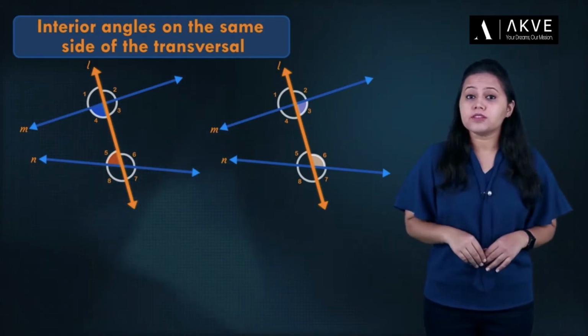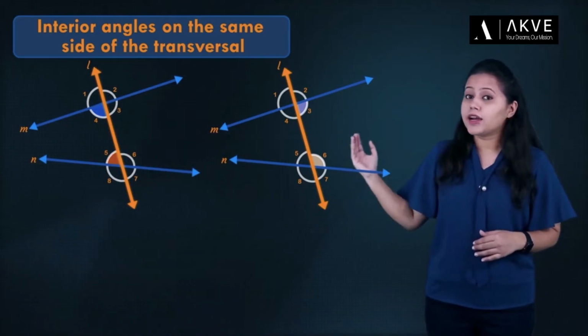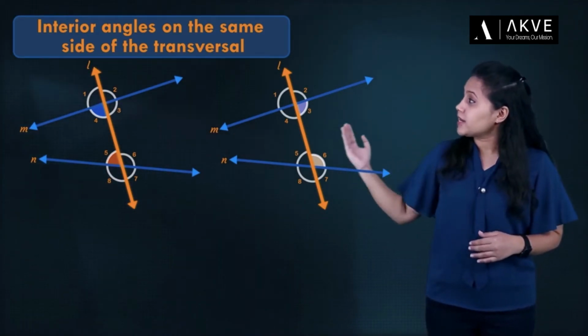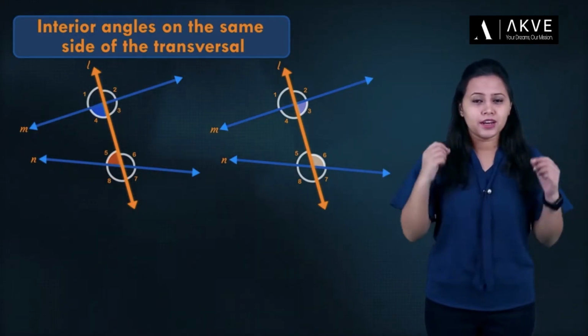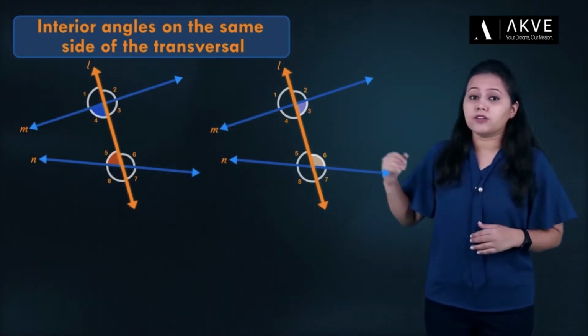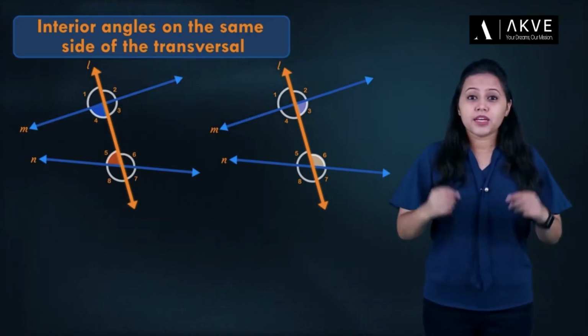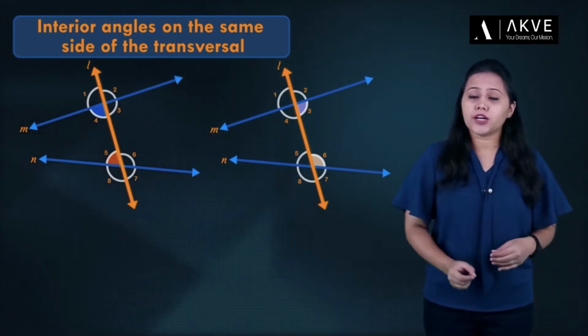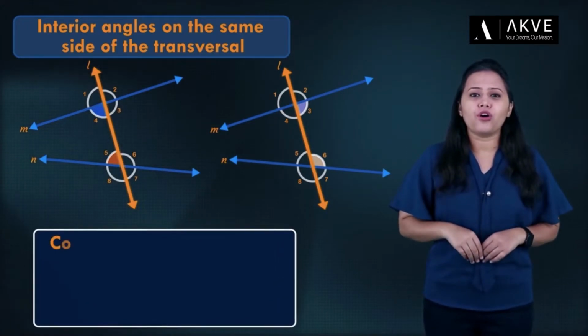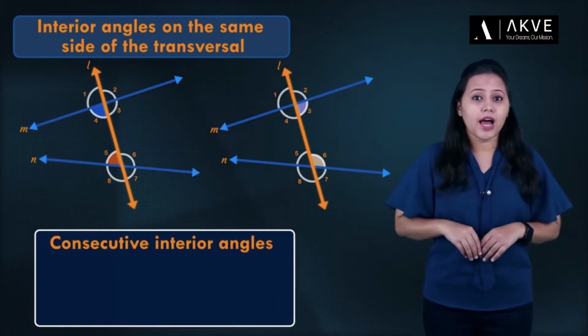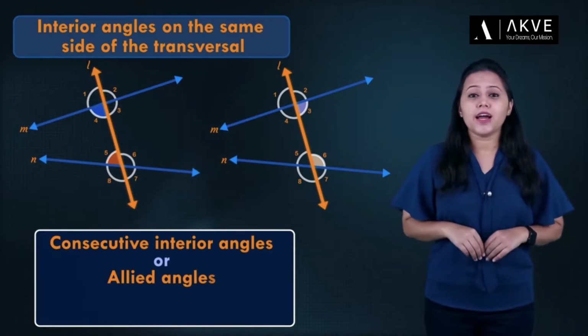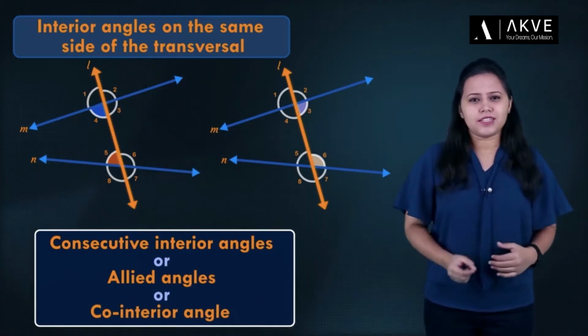As the name suggests, these are interior angles which lie on the same side of transversal, like angle 4 and angle 5 and angle 3 and angle 6. Interior angles on the same side of the transversal are also called consecutive interior angles or allied angles or co-interior angles. That was all about 4 types of angles.